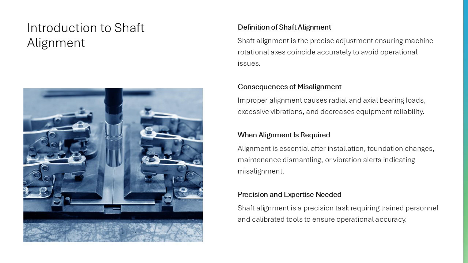The content emphasizes the difference between intended machine geometry and actual operational conditions influenced by thermal growth, pipe strain, and structural distortion. It highlights alignment as a precision task requiring trained personnel and calibrated tools.